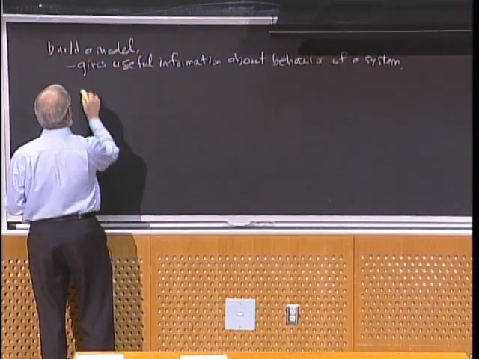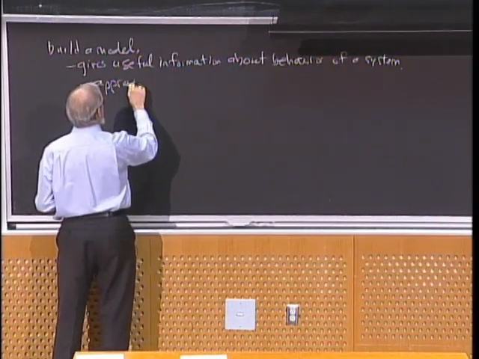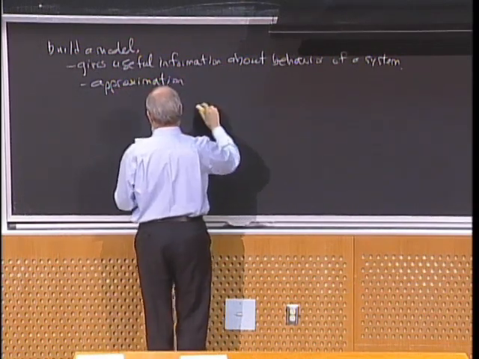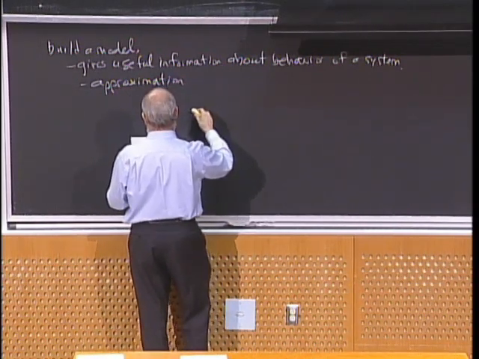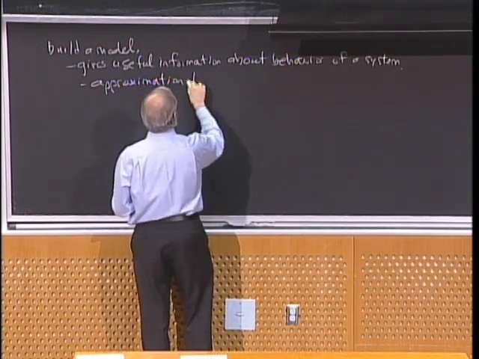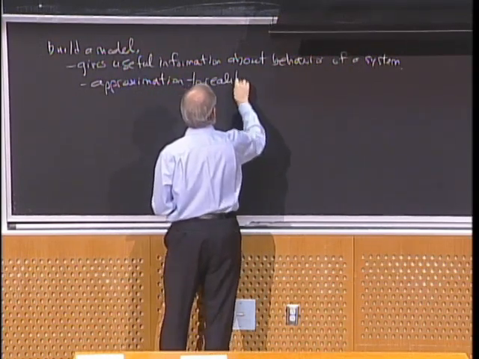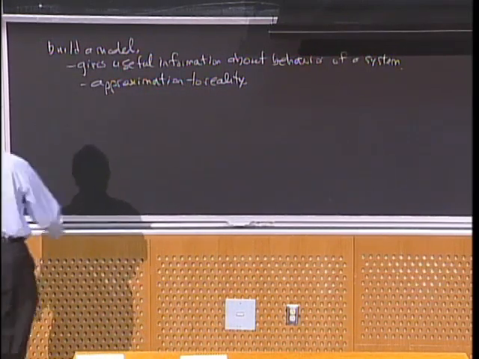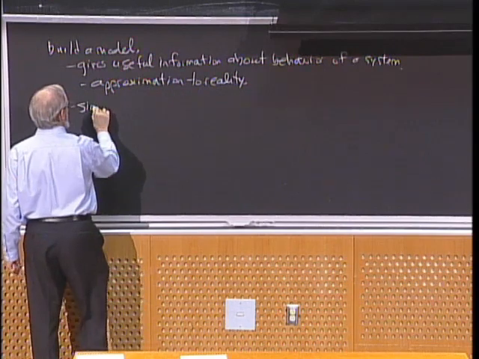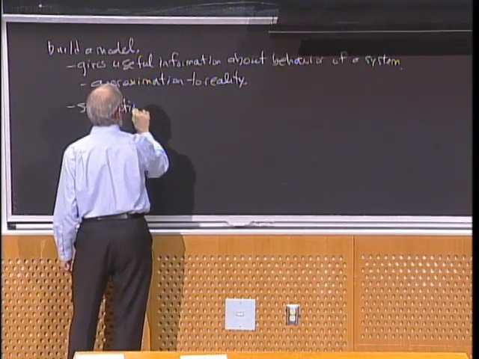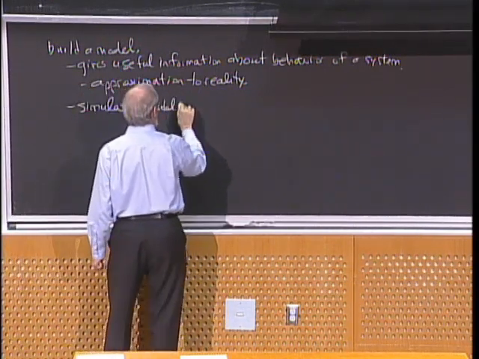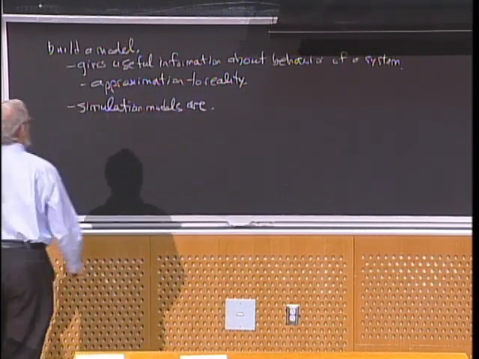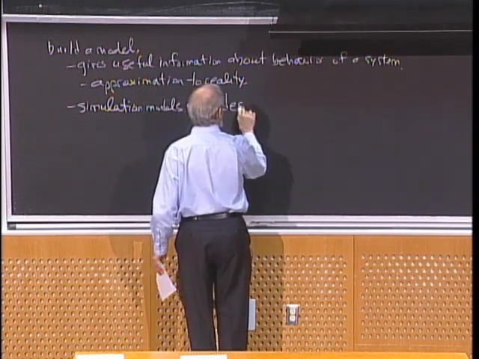Another way of thinking about it is, it's going to give me an approximation to reality. Right? And another way of saying it is simulation models are descriptive, not prescriptive.